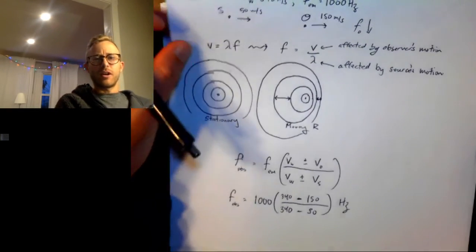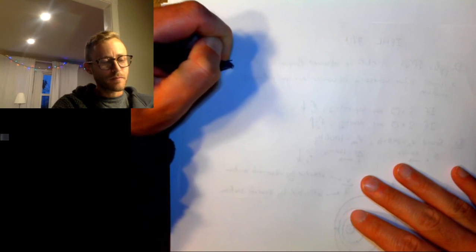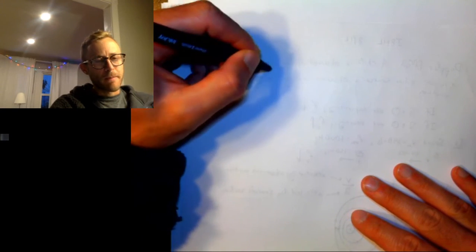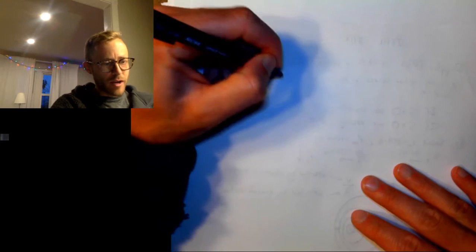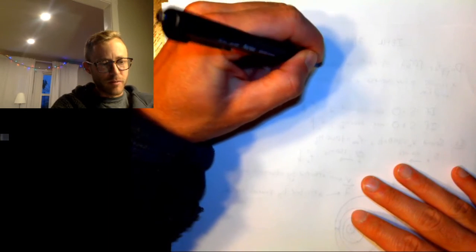I did want to talk just very briefly about the Doppler effect for light. And for light, the speed of the wave is c, which is 3 times 10 to the 8th meters per second.